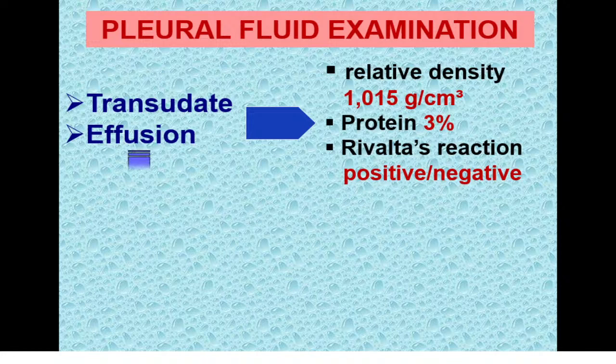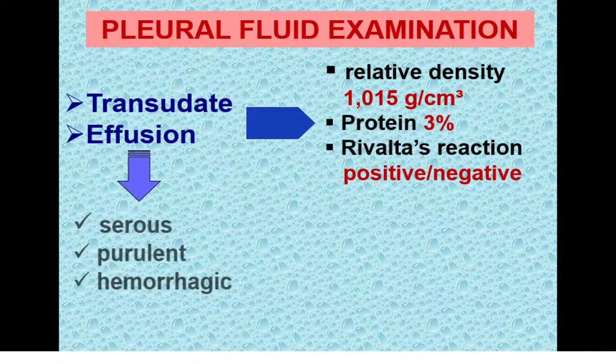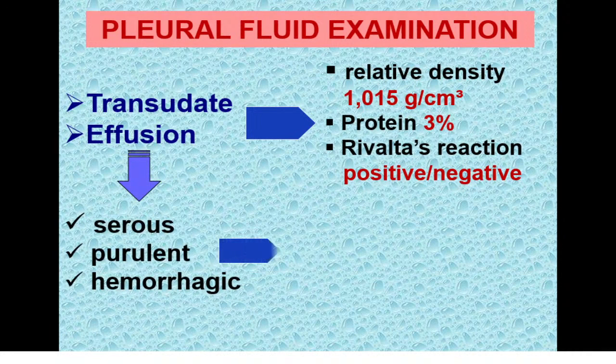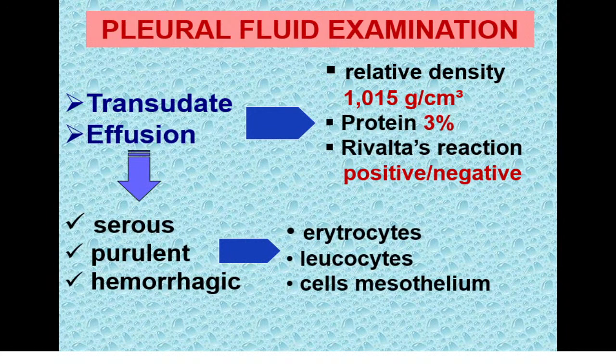If effusion, you continue your answer because you must determine its type, serous, purulent, or hemorrhagic, depending on the level of erythrocytes, leukocytes, and mesothelium cells. Serous effusion is characterized by few leukocytes and erythrocytes, but many mesothelium cells.